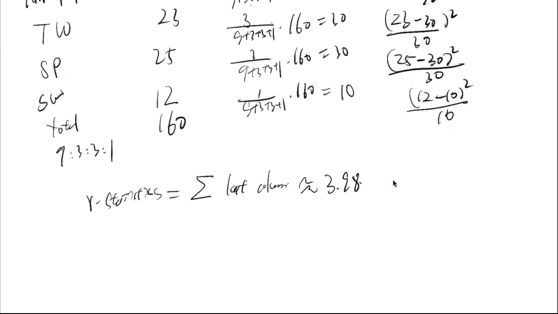So what we're going to do is use a chi-square table with significance level 0.05 and degrees of freedom. How do we calculate the degrees of freedom?